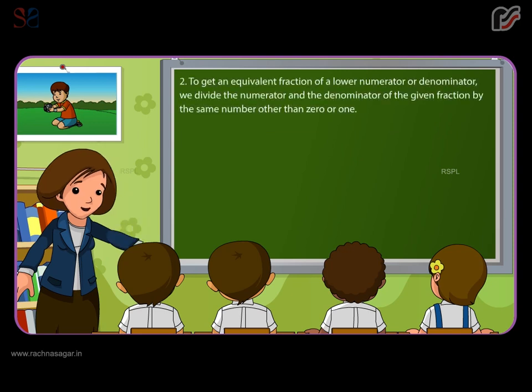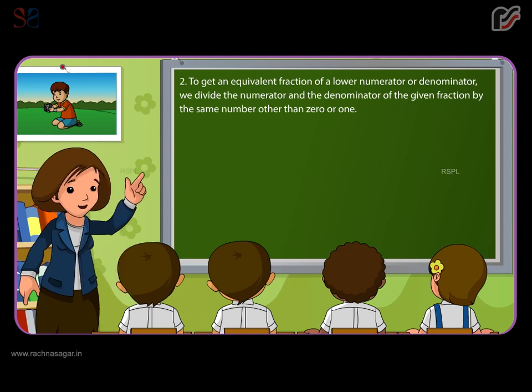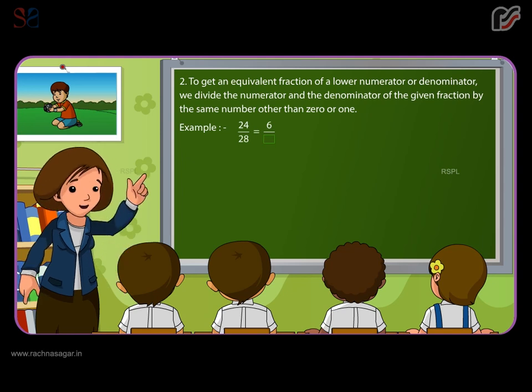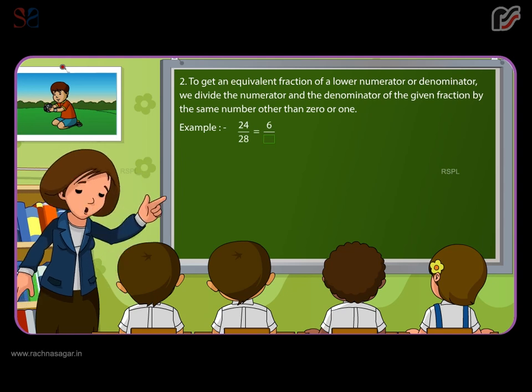2. To get an equivalent fraction of a lower numerator or denominator, we divide the numerator and the denominator of the given fraction by the same number, other than 0 or 1. Here, we need to find the equivalent fraction of 24 upon 28.